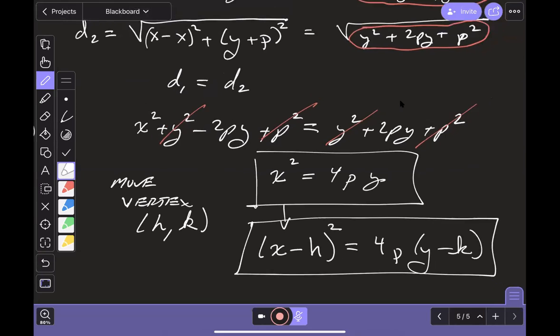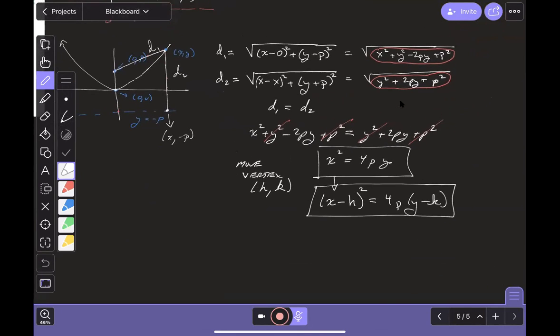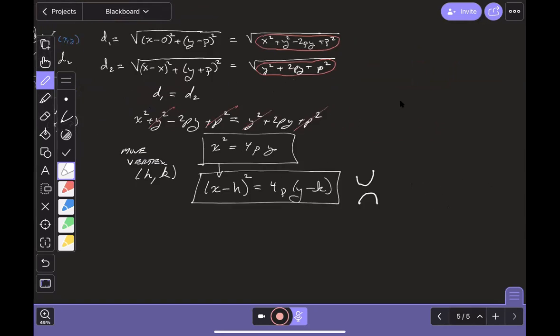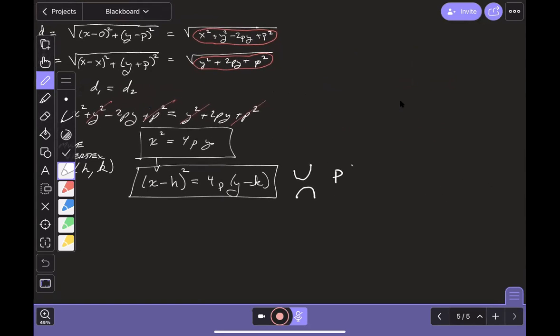Okay, let me go through this a little bit at a time. We just derived the equation of a parabola whose vertex is h, k. By the way, this is a parabola that opens up or possibly opens down. It opens up if p is positive. We'll go through examples. It opens down if p is negative.